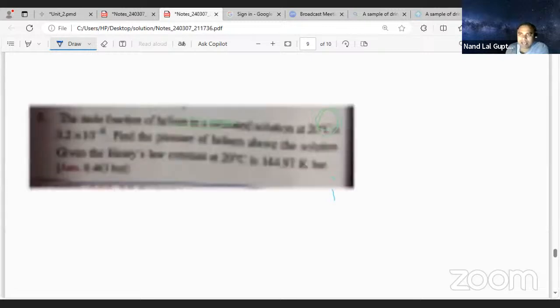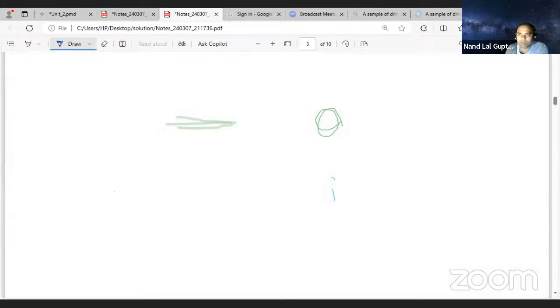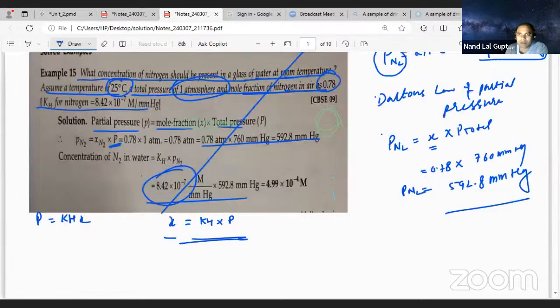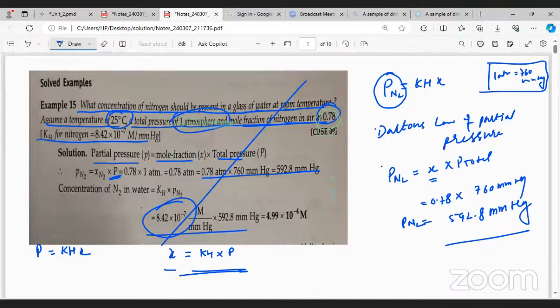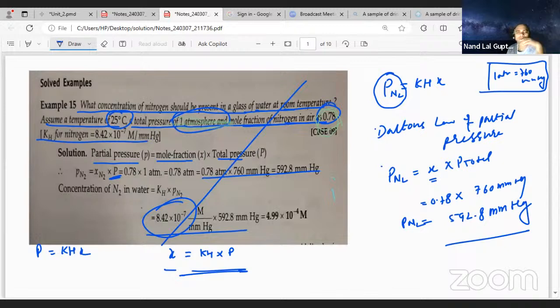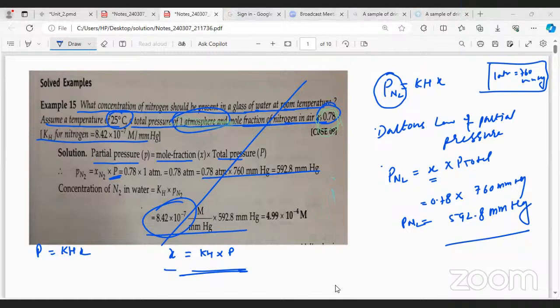Silently try some of the problems on Henry's law. Henry's law generally comes as 3-mark questions. Tomorrow we will study Raoult's law. Got it?